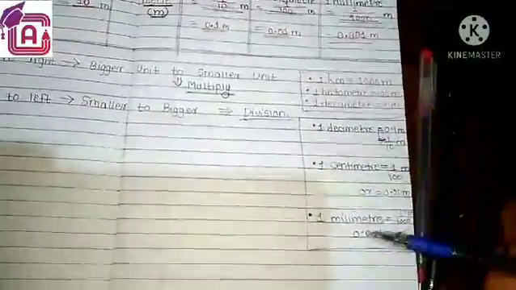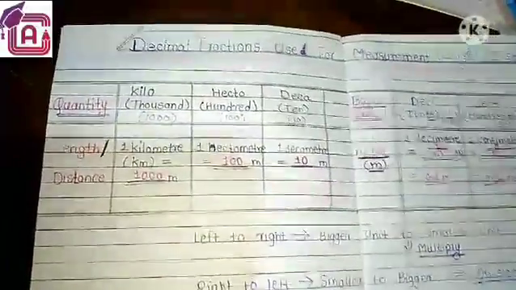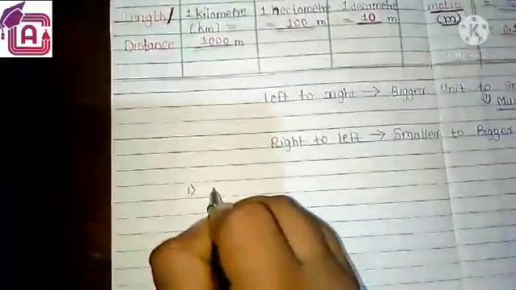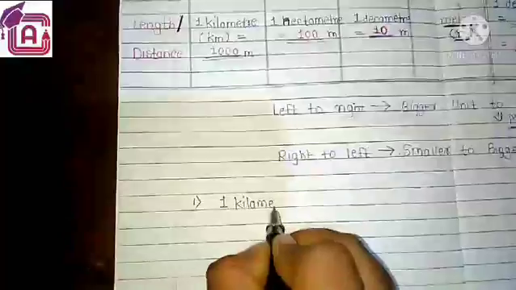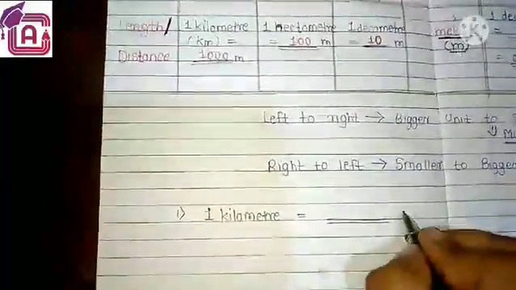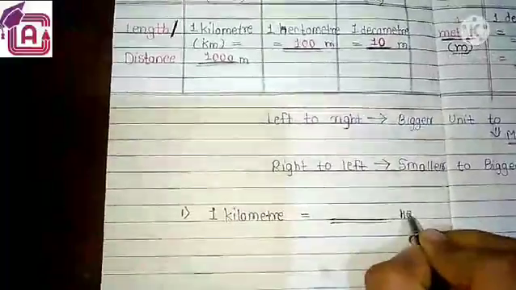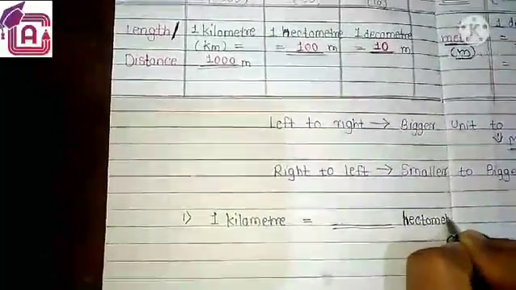Now see how this multiplication and division is used in this method. Now these are the standard basic relations with the meter. Now if another question is asked like this, that is, if 1 kilometer is equal to how many hectometer? 1 kilometer is equal to how many hectometer?